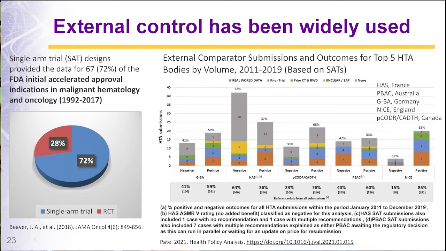On the right side, it shows single-arm trials for FDA submissions, but their external comparators are commonly used to support these FDA submissions too. It's the top 5 HTA bodies. The brown color shows using real-world data for the external comparators. As we all know, the external historical control is part of real-world data.